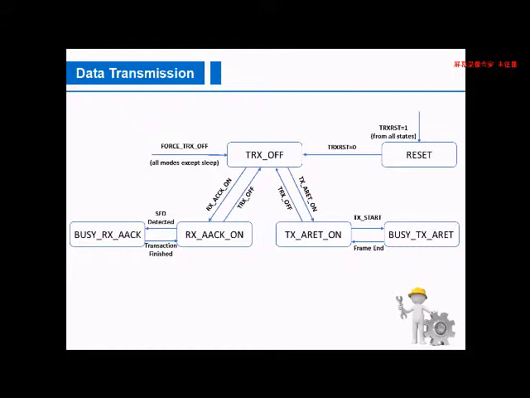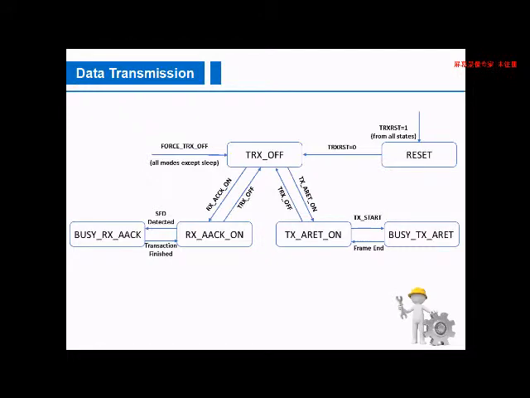Once there is no data to be sent, we will set the state to RX AACK on for receiving data. We use the command RX AACK on to reach this state. In this state, the radio will listen to the channel, and after a start of frame is detected, the radio transceiver will change to state busy RX AACK on.